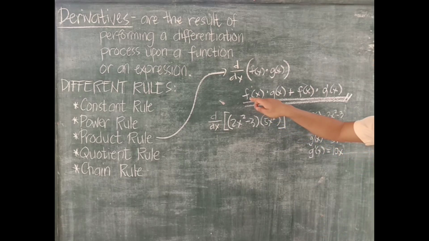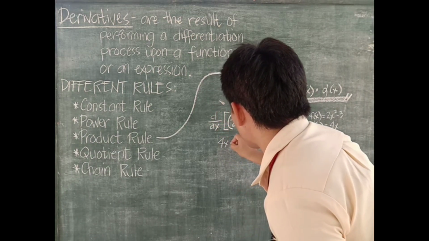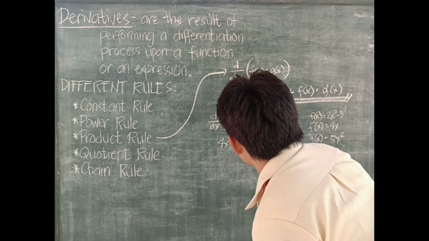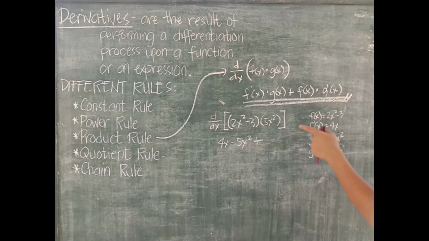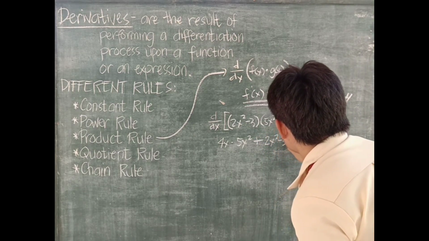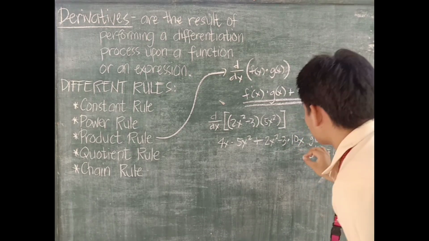It says there that first we need to put the f prime of x. So, f prime of x is equal to 4x, multiplied by g of x, or this one, 5x squared, plus the f of x. So, f of x is 2x squared minus 3, times the g prime of x. The g prime of x is equal to 10x. So, 10x.